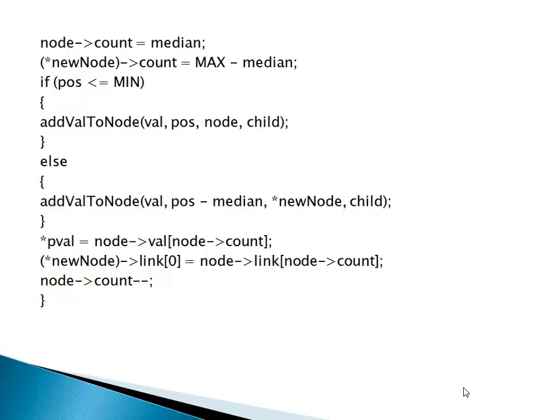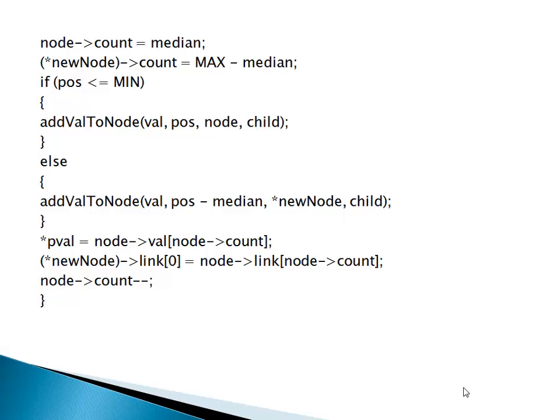Here we are going to move the values which are after the median into the new node, and now new node of count equal to max minus median. If position is less than or equal to minimum, then we are going to add the value to node, else we are going to add the value to the new node at position minus median. Now p-val equal to node value of node of count, that is p-value is nothing but the count of the newly added node.